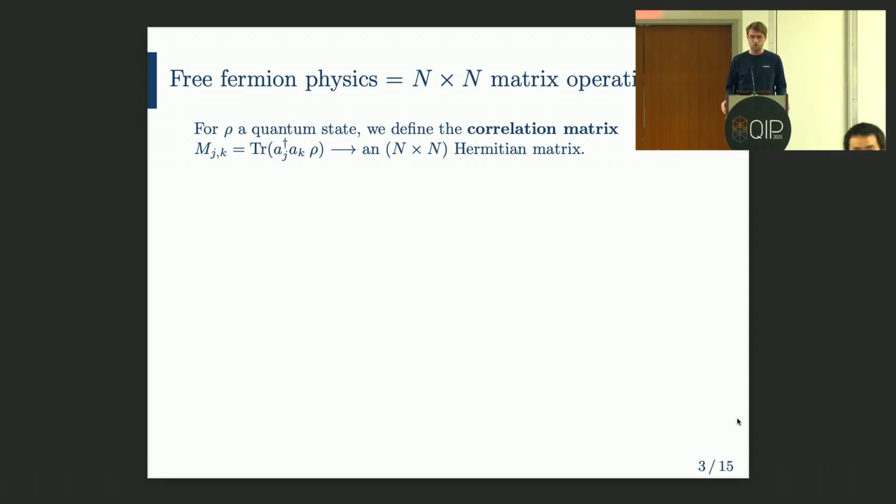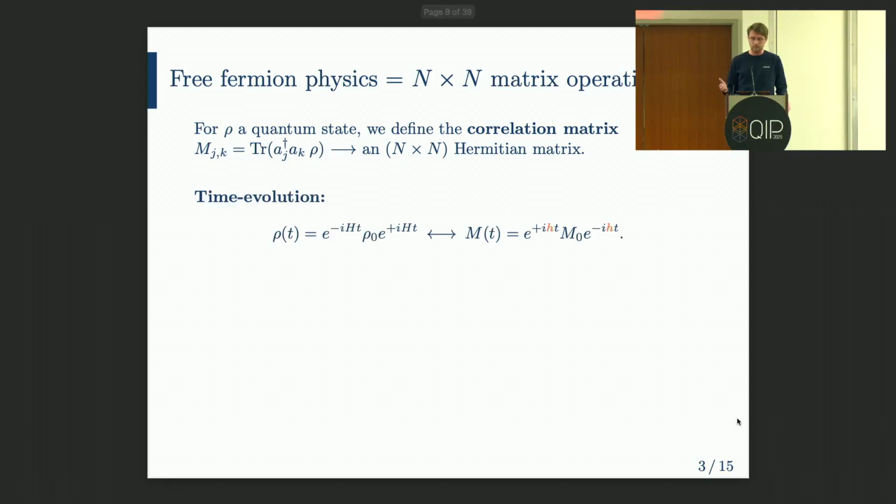For rho being a quantum state, we define the correlation matrix with these entries. It's this matrix M, and it's again an N by N Hermitian matrix. So just like small h, it's an N by N matrix.